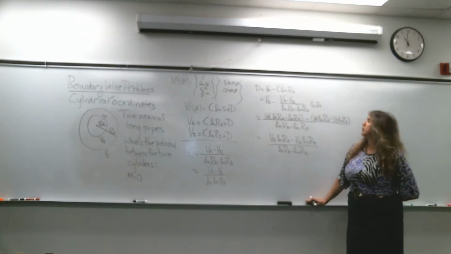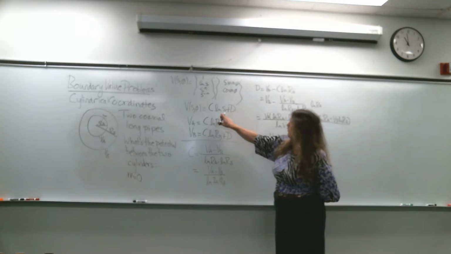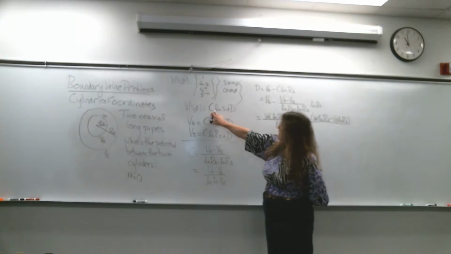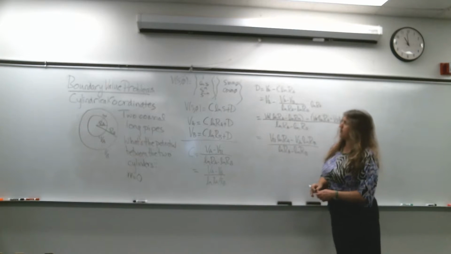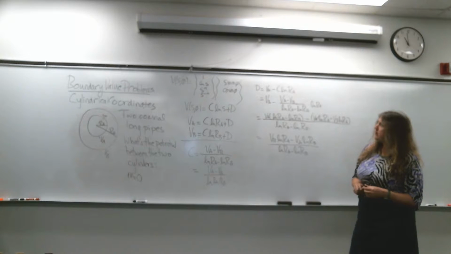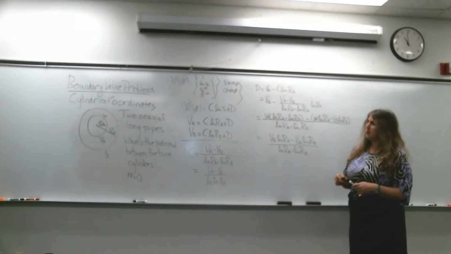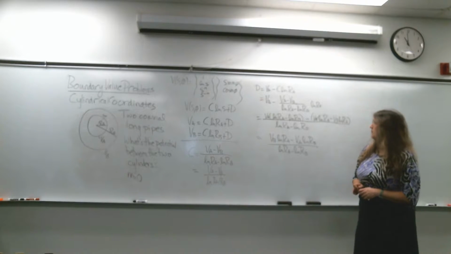And that's your solution. We've determined what both of the constants are, and therefore plug the constants back in for C and D in C natural log of s plus D. And that is your one-dimensional problem when dealing with very long pipes. Okay?